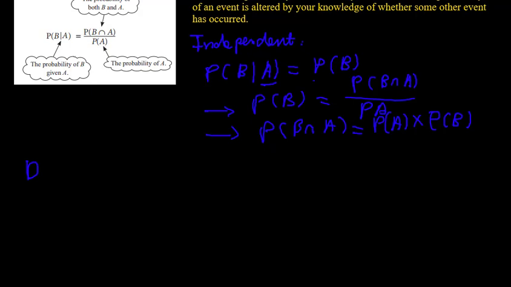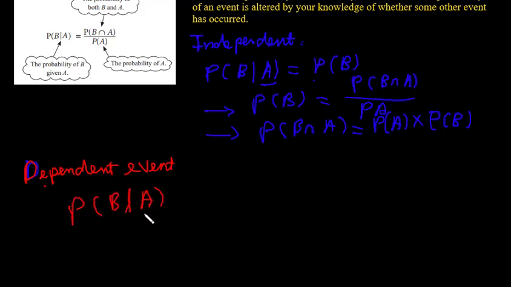Now for dependent events, I will choose another color. For dependent events, A and B are related to each other. So whether A occurs or not, it will affect the probability of event B. So P of B given A, given that event A has occurred, is now affected.